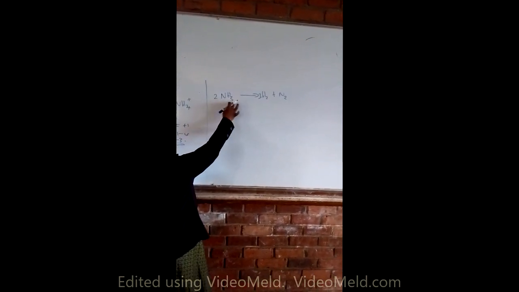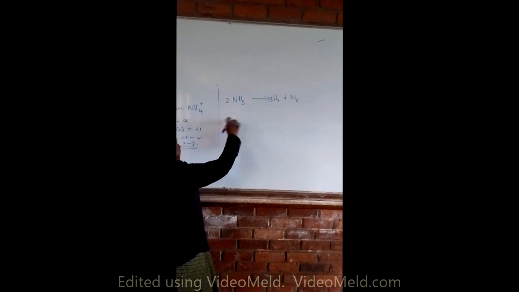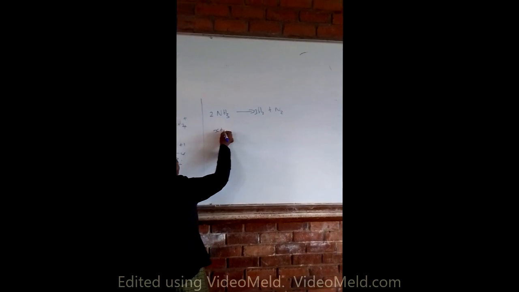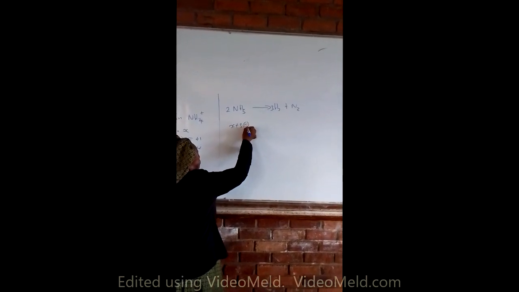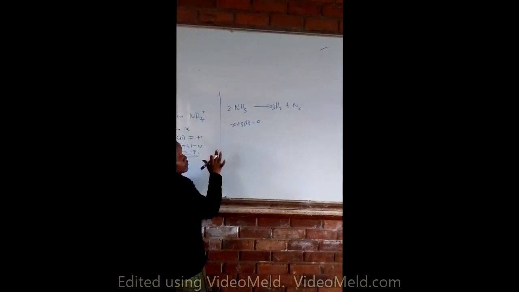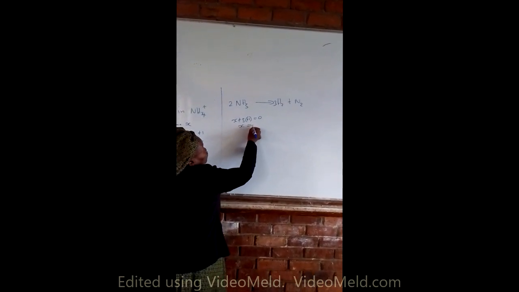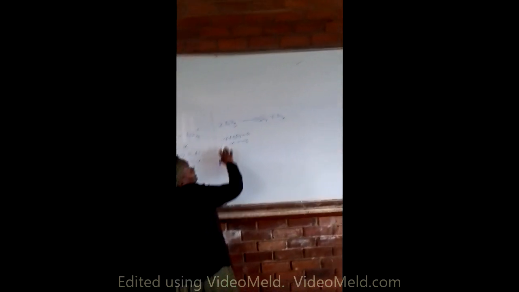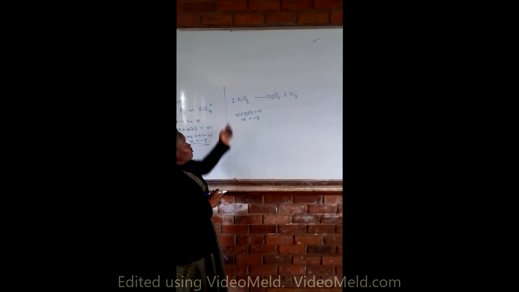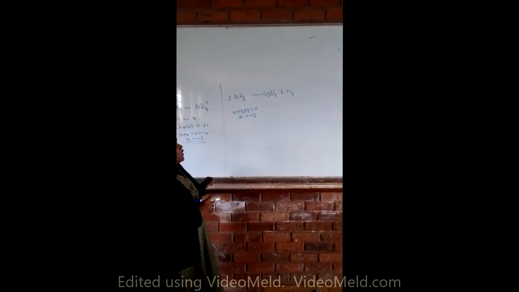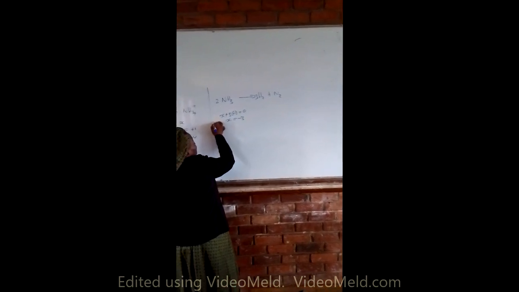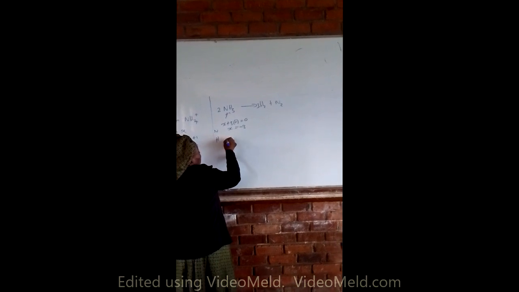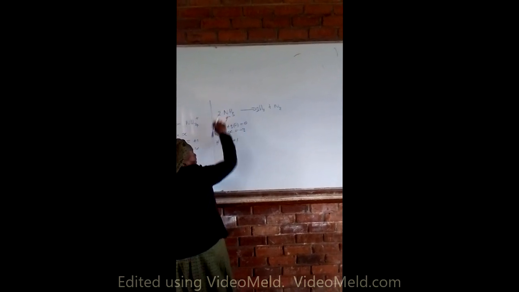It is X plus 3 times plus 1, which should be equal to 0. So X at the end is going to be -3. And the oxidation state of hydrogen is +1 because it's bonded to nitrogen. So nitrogen is -3 in the ammonia, and hydrogen is +1 in the ammonia.